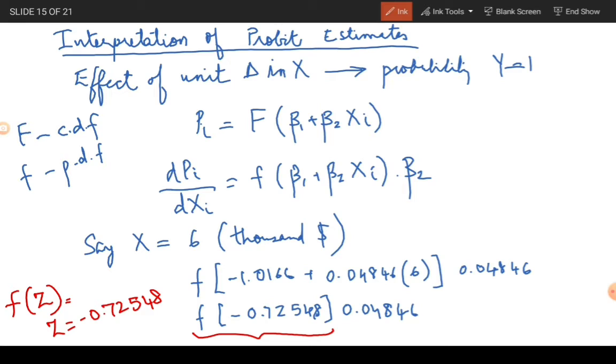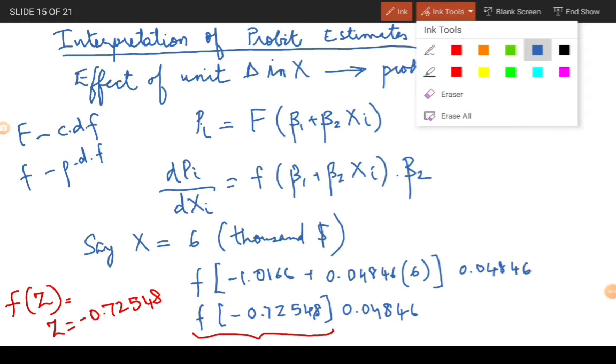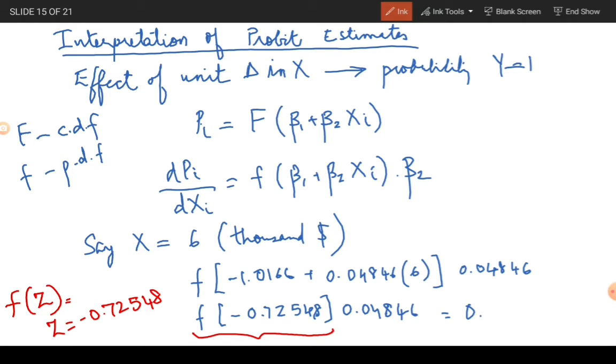This value can be read off from the table. And the value comes out to be approximately f of 0.72548. When you have a look at the normal density table, it comes out to be around 0.3066, into beta 2, which comes up to the value of 0.01485.